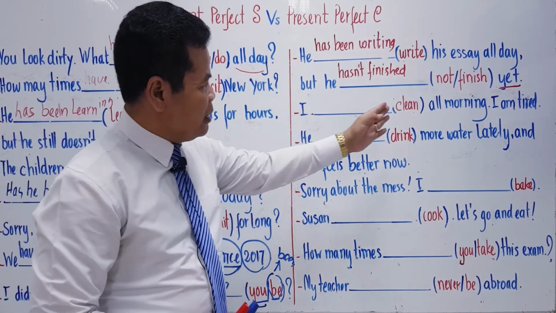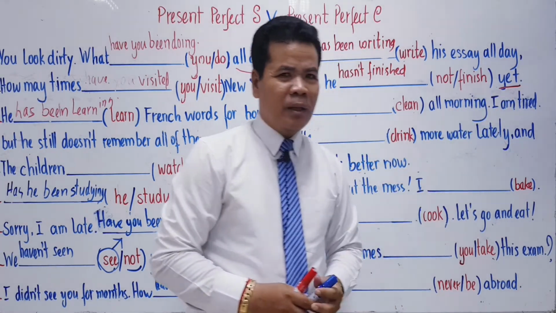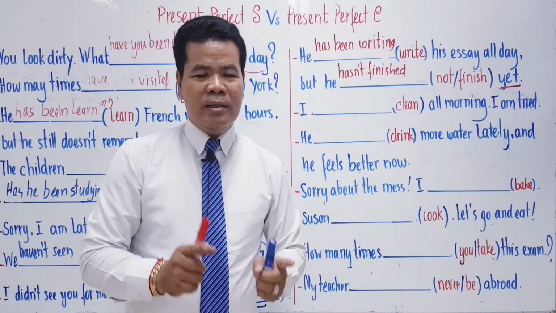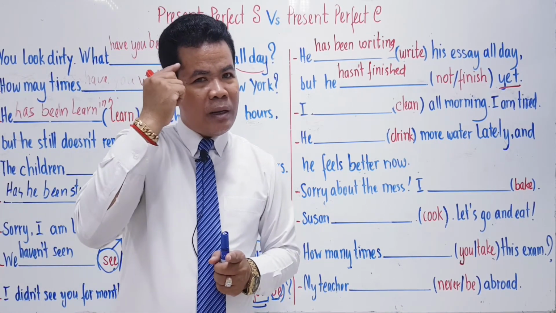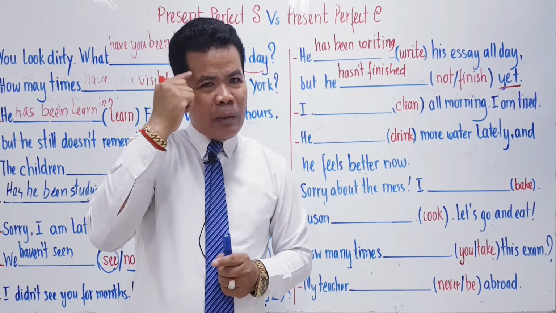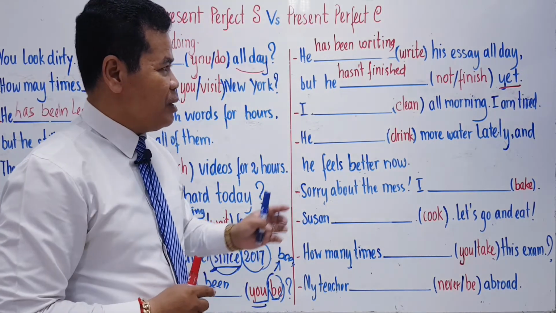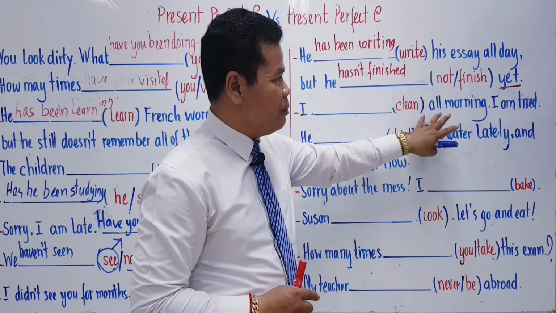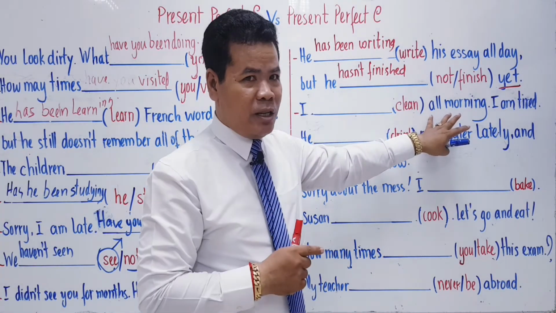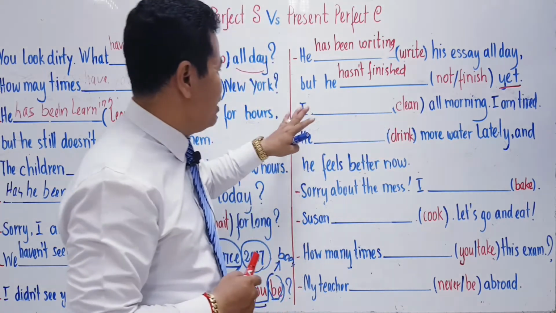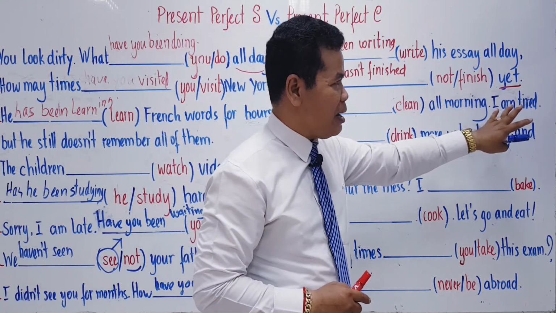I clean all morning. I am tired. See the keyword, see the situation. You have to use your imagination. You think about the situation in the sentence, okay? Sometimes you are not sure about the verb or the meaning, but you think about the situation, right? Example, I clean all morning and then I'm tired.